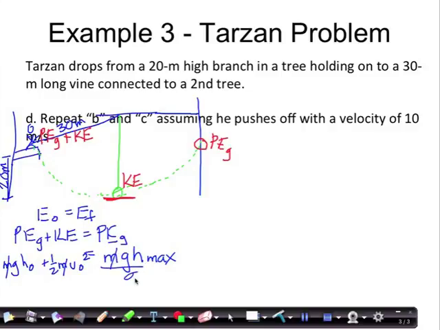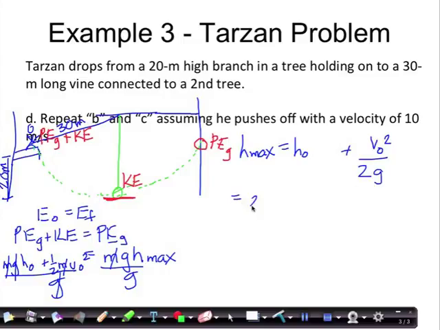That means let's go ahead and divide through by gravity. This gravity term is going to cancel out of this term, but not out of this one. So let's rewrite that. H max equals h initial plus v initial squared. We have a 2 left in our denominator, and gravity.